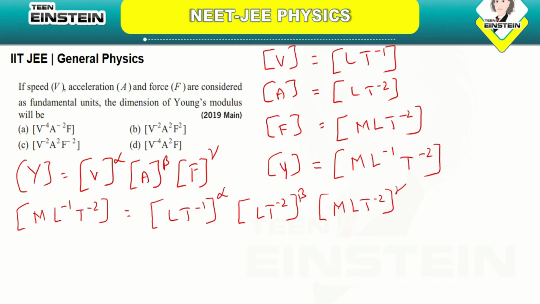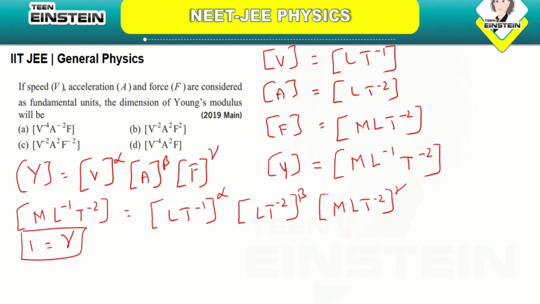So now you compare these things. First we will do it for M. So M is 0 here, and here it is 1. So 1 is equal to gamma, so gamma will be equal to 1. So we have found the gamma value.